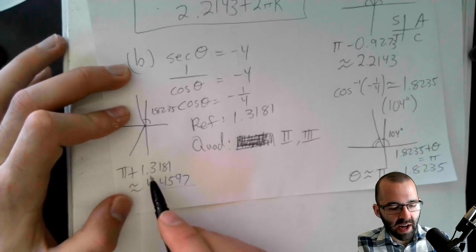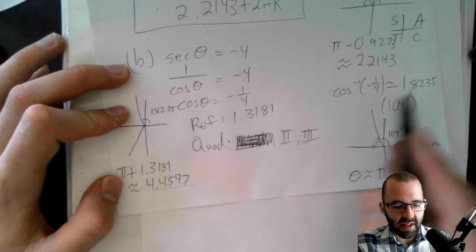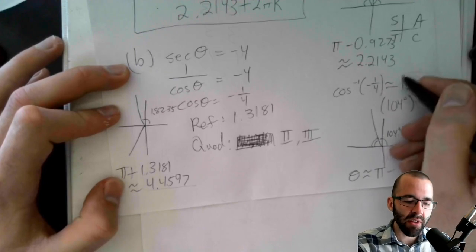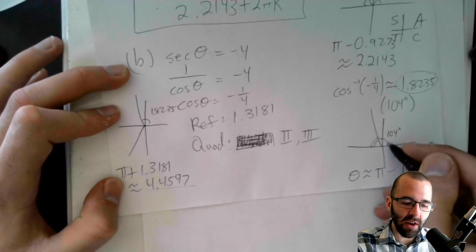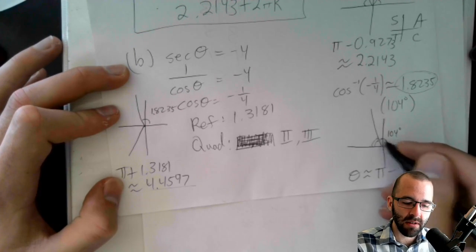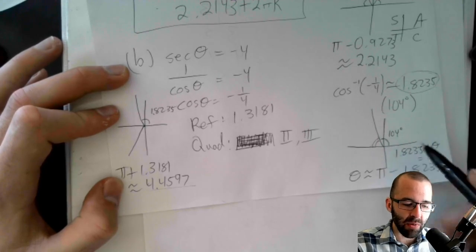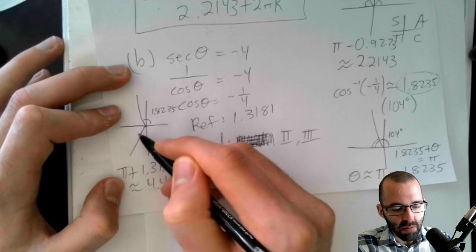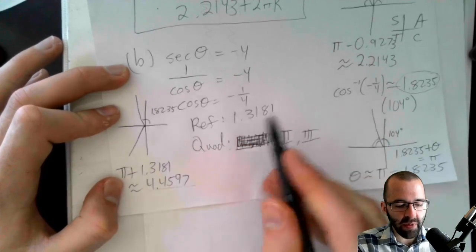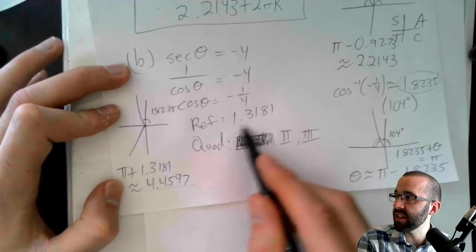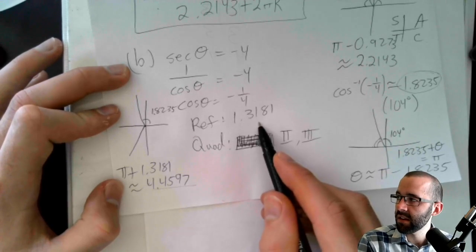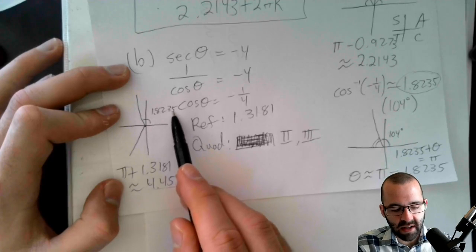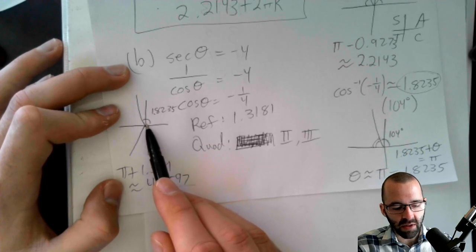The reason why we're adding this angle instead of this angle right here is because this is our answer in the second quadrant. This is that whole 104 degrees. What we want to add is the reference angle. We want to go around pi plus the reference angle, and that's why we found out that the reference angle is this. Okay, because this 1.8235 is not that helpful.